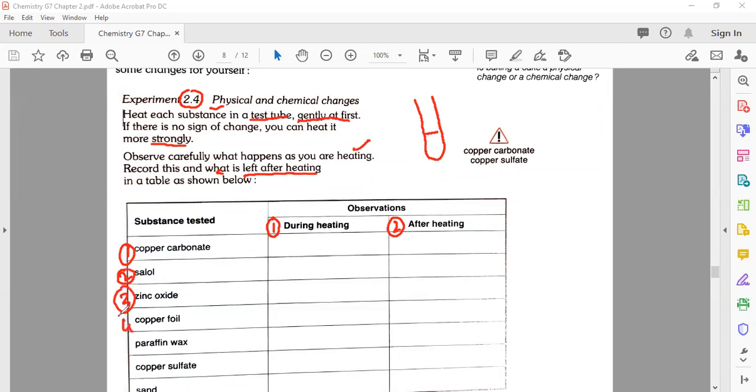Number 4, copper foil. Number 5, paraffin wax. Number 6, copper sulfate. And number 7, sand. So you can observe and write the observation here. Even you can take help from Google.